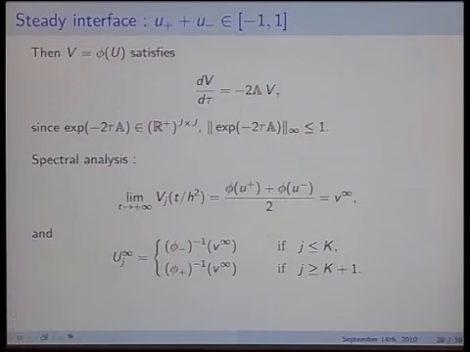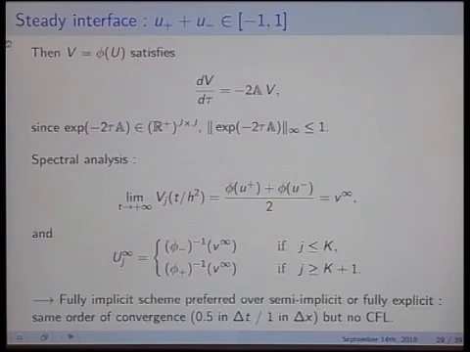So this gives good results. The thing is that since you know in advance that the interface will not be moving, you can use a fully implicit scheme to discretize everything, since, of course, you won't have any CFL. It will be much more efficient.